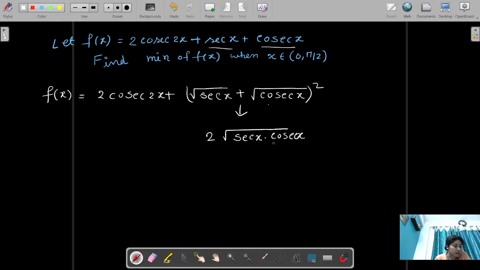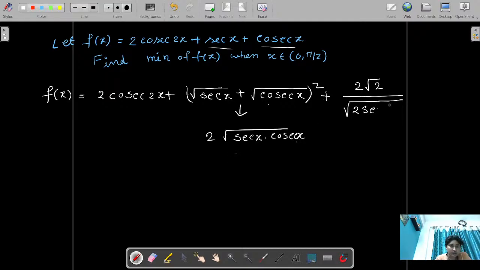Okay. So as we are getting this as extra, we can better write it like this, plus 2 root 2 divided by root under 2 into sec x into cos x.